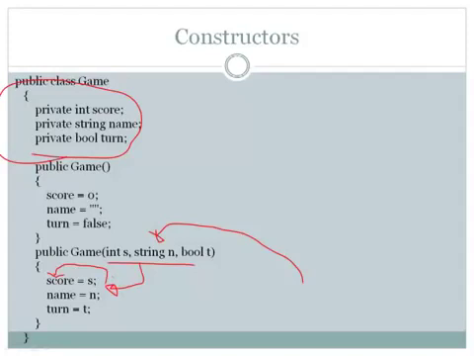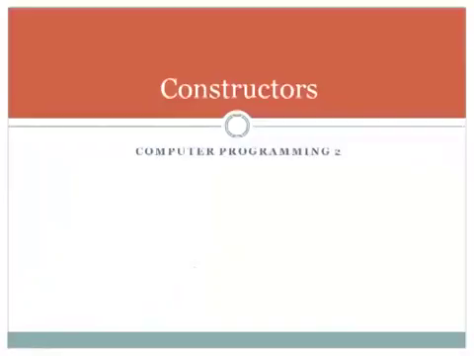In that case, I might have something that said public game string in, and then name equals in, score equals 0, and turn equals false. You should try to set initial values for all of the private class variables, whether you are getting them in from the parameter list or not. That's it for constructors in C#.